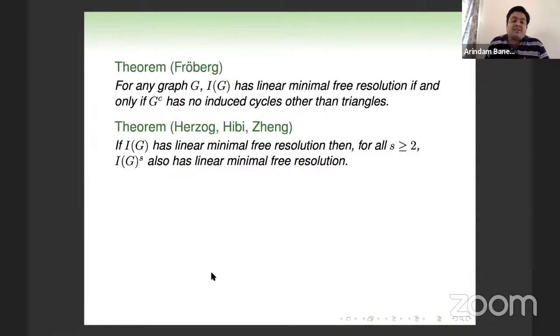Forget about general ideals, just go to square-free cubic ones; this just goes out of the window. It is extremely counterintuitive why I_G having a linear minimal free resolution should control the higher powers, and not just any higher power, but all higher powers.